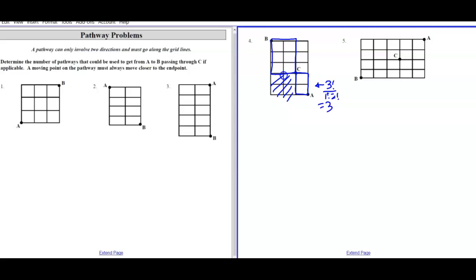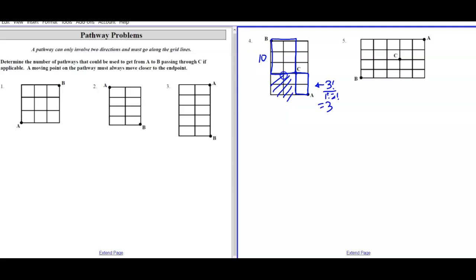And that's what we just did for the other part. That was 10 ways. Do you think we add 10 and 3, or do we multiply 10 and 3? Multiply, because it's an and. For each of these ways, you have 10 possible ways here. So it's kind of like a tree diagram. For each of these 3, we have 10.